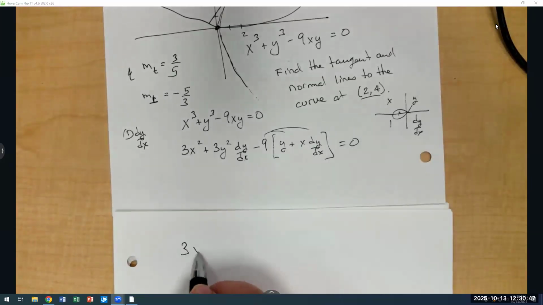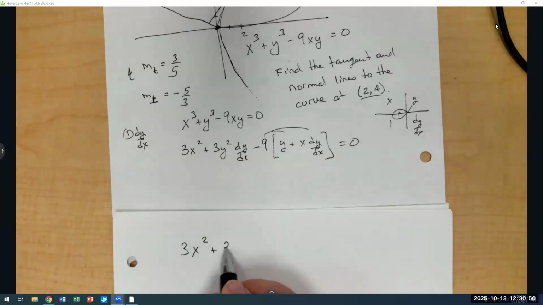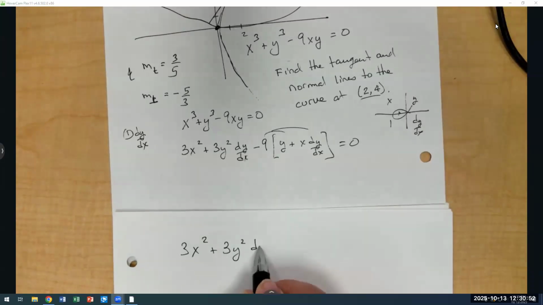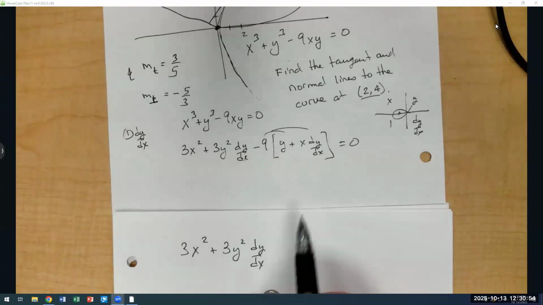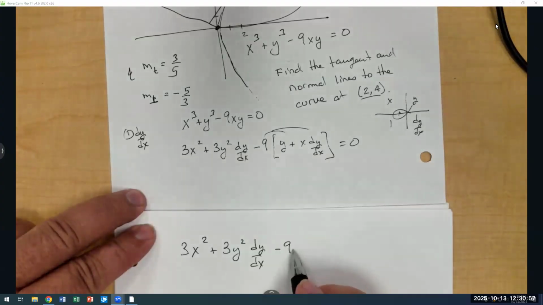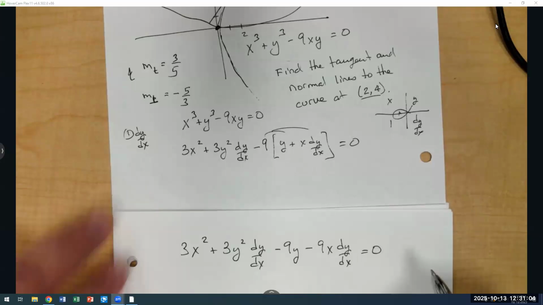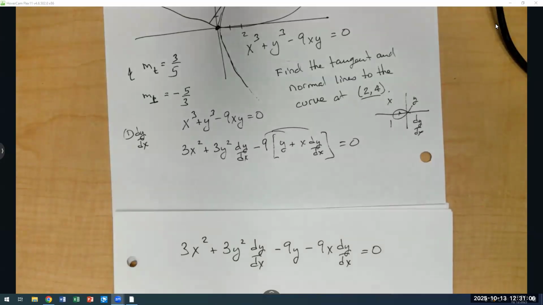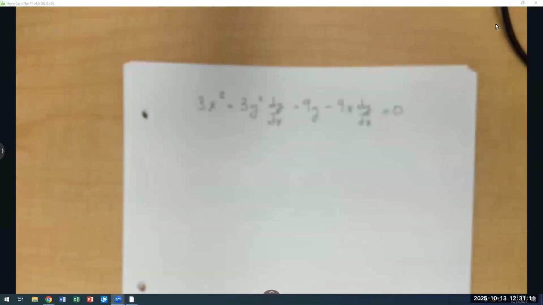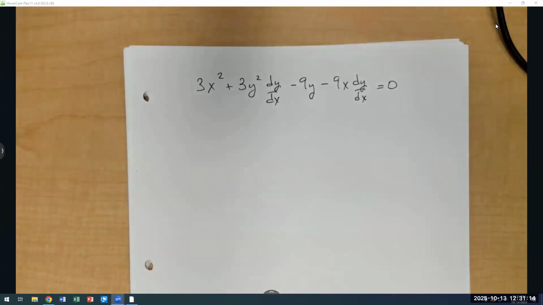This equals 0. So we have 3x squared plus 3y squared dy/dx, negative 9y, negative 9x dy/dx equals 0. We have to get dy/dx isolated.